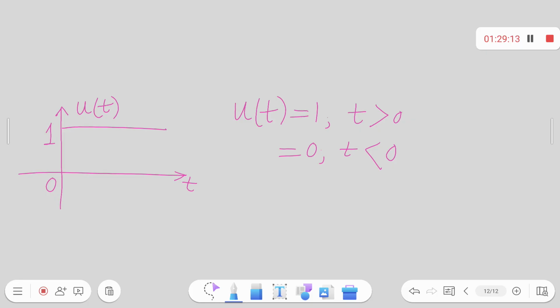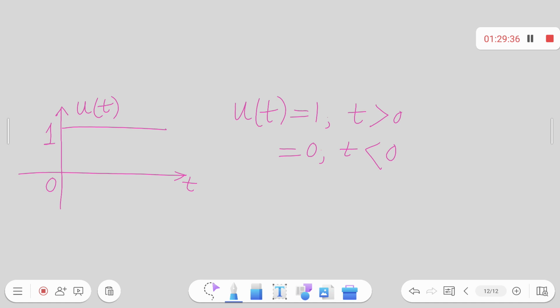What about the energy of this signal? Is it a periodic signal? Does it repeat itself after a certain time?